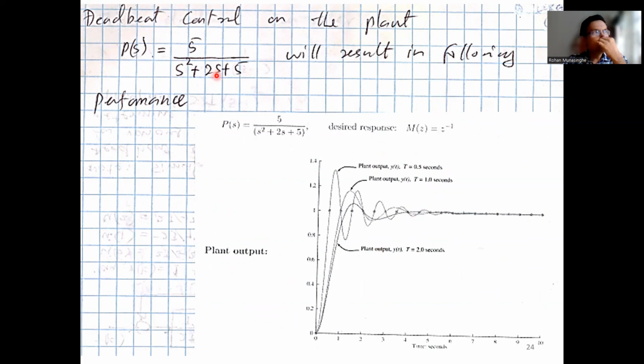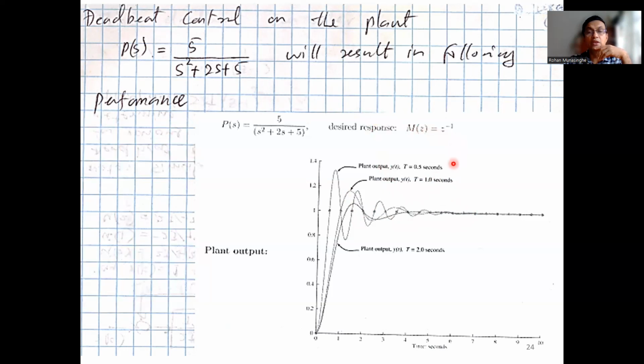So I want to give you a little lesson assignment. Why don't you try to simulate this plant, 5 over s squared plus 2s plus 5? Use the same principles I explained to you, design a bang bang controller or the deadbeat controller, and then try to simulate the behavior. You should be able to get something like this.